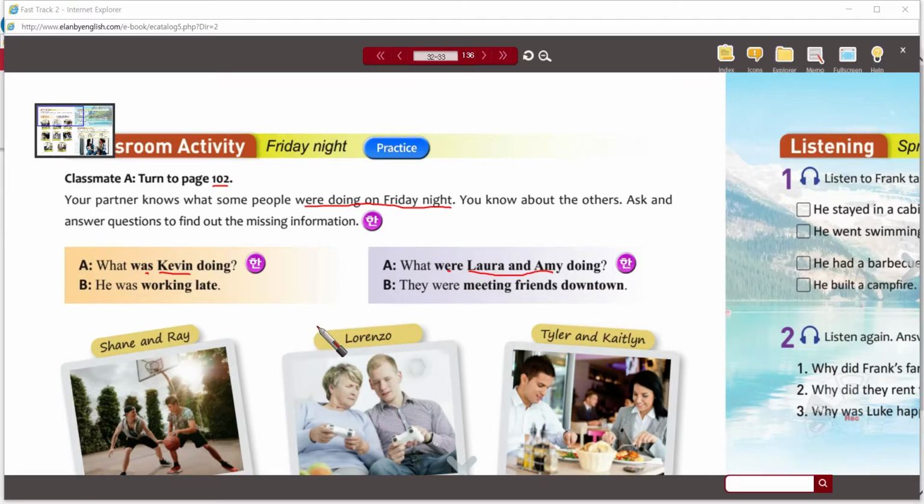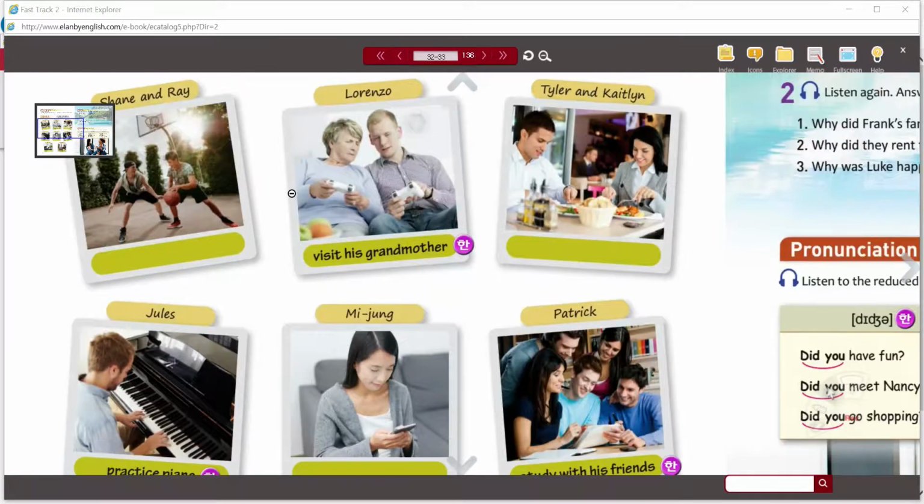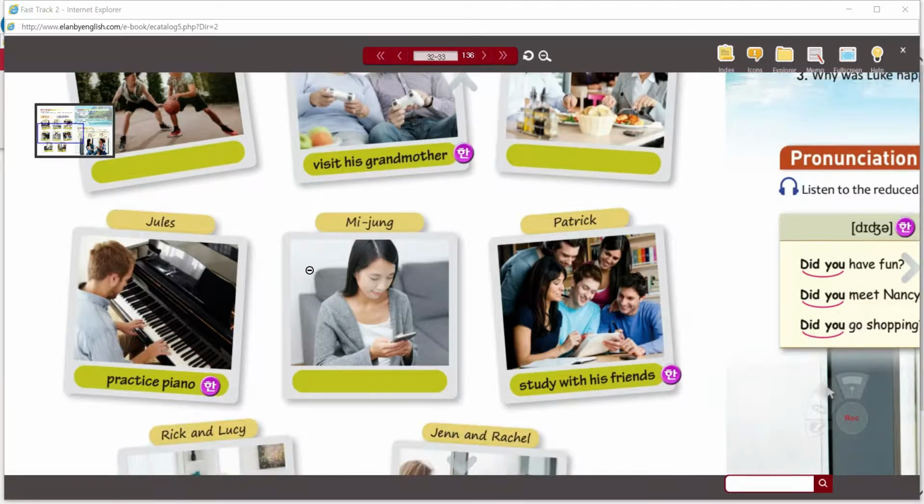Now, if you're student B, you're going to be here on page 102. Student A, you will be here on page 32. Student A can turn to page 102. As you see here, it's a classic information gap. Student B, you have half the information.